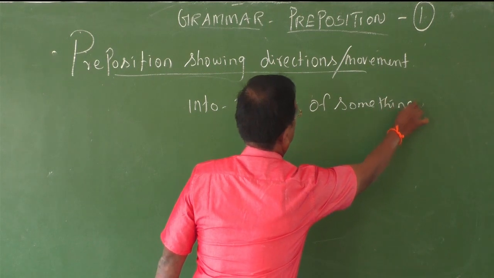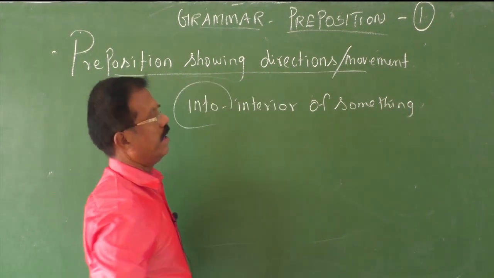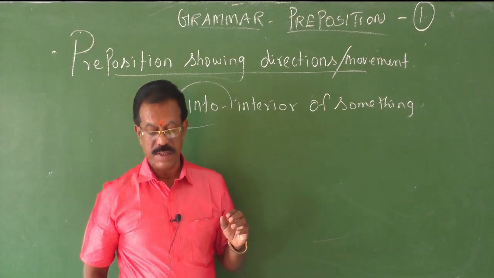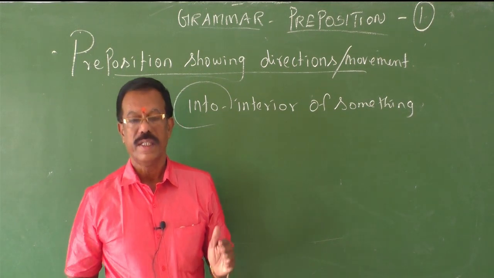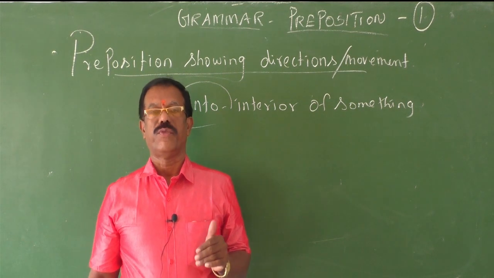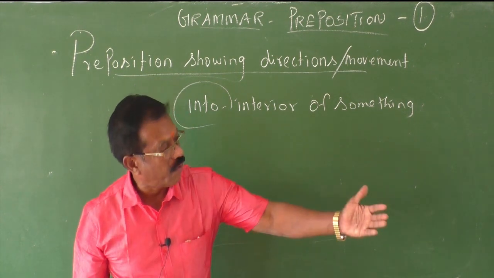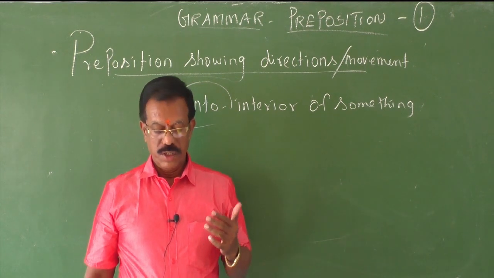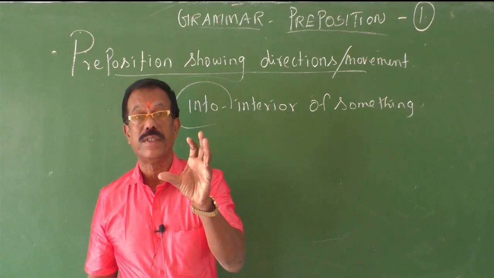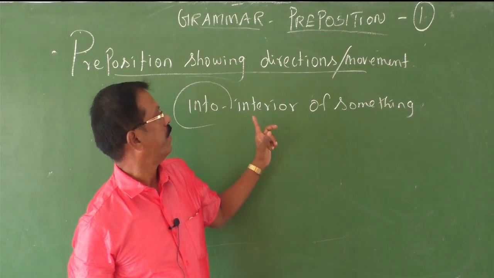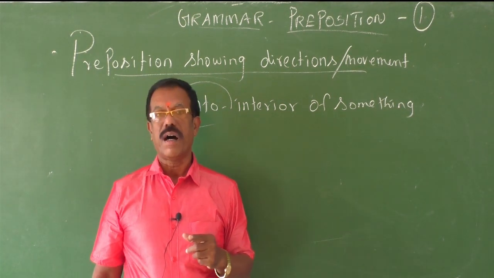So this preposition into is used to refer to the interior of something. The frog jumped into the pond. She quietly walked into the room. That's important: movement towards the interior of something.